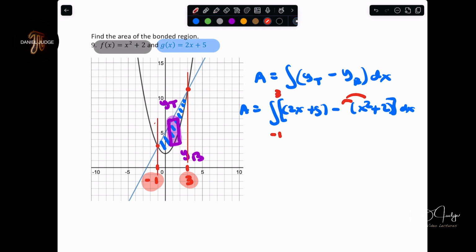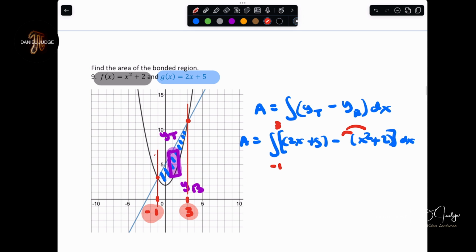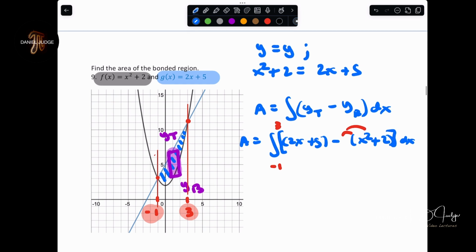But as you guys know, even though we can do this graphically, generally speaking, how you find points of intersection is by letting these curves be equal to each other. So they share the same x and y coordinates. What that means is you get x squared plus 2 is 2x plus 5. So if I want to find those points of intersection, I got an algebra equation to solve. This is going to be a beginning algebra question.